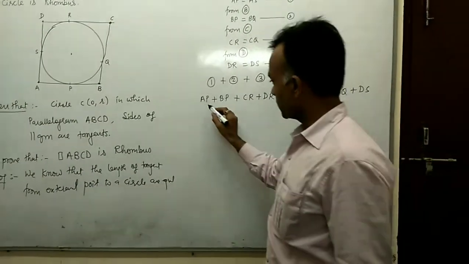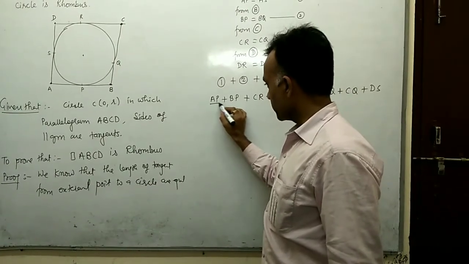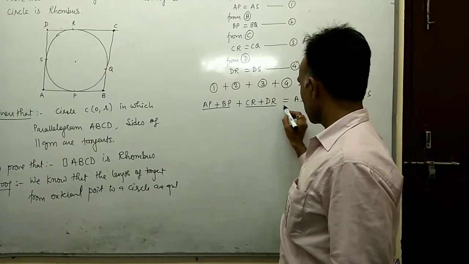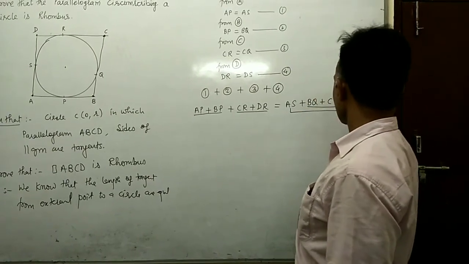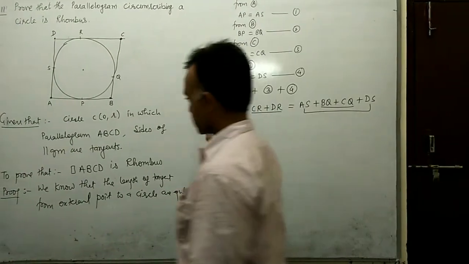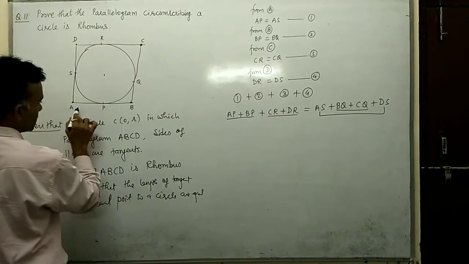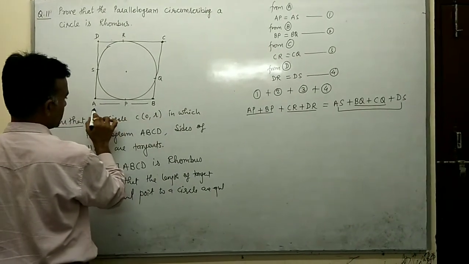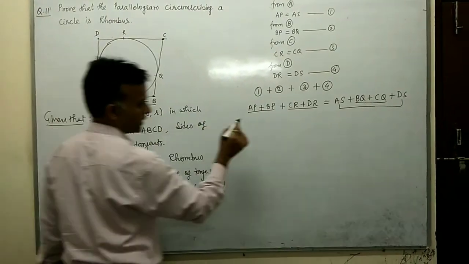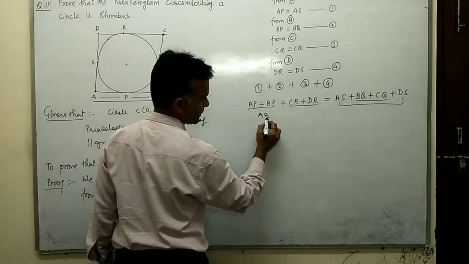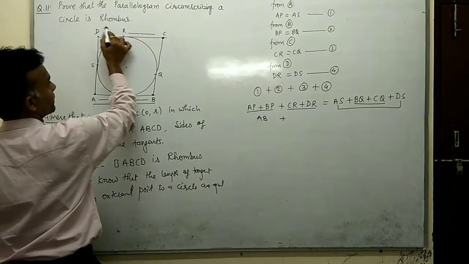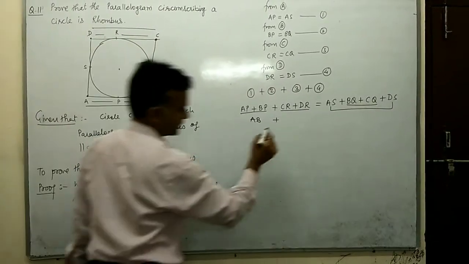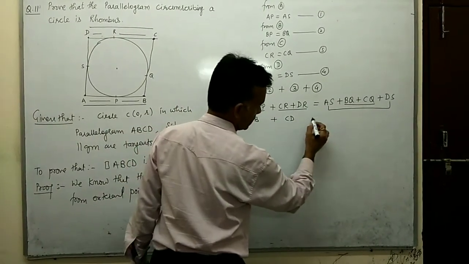Okay, and then we form the common point P here, AP, BP. We make the pair here, and now BQ and AS with DS. Now AP plus BP makes AB, so you write AB here. Similarly CR plus DR forms CD by this figure, so you write CD here.